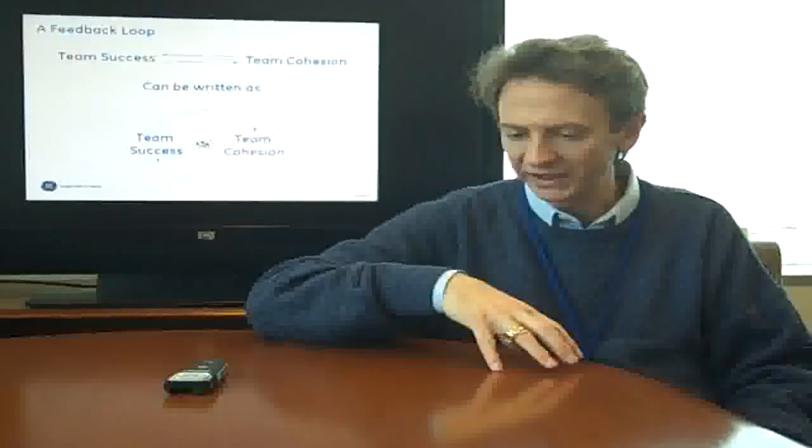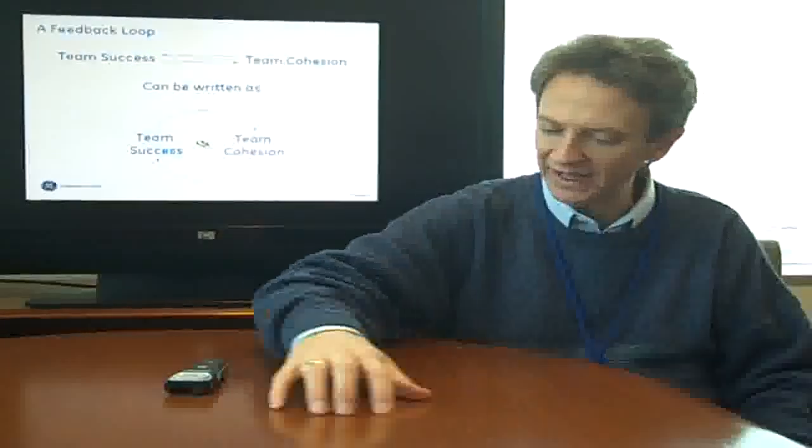People see the world in linear cause and effect relationships. So either team success causes cohesion or cohesion causes team success. And that was the question, which is it? And I would ask, could it be both? Could success, and I write it as a feedback loop, could success cause cohesion? That the team, when they win, they get better as a team and more cohesive.